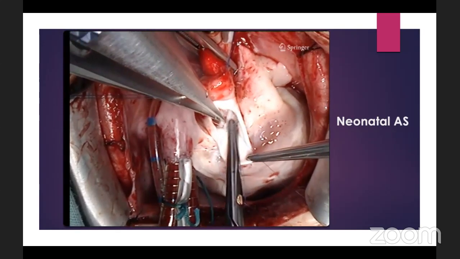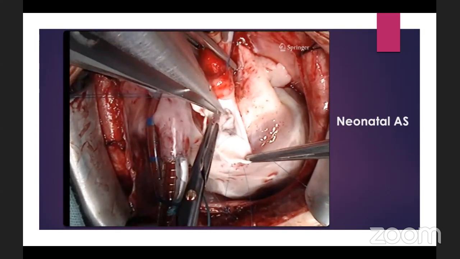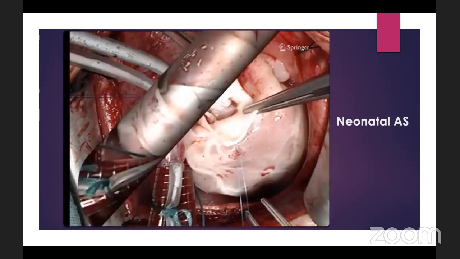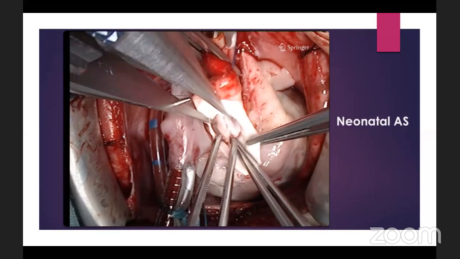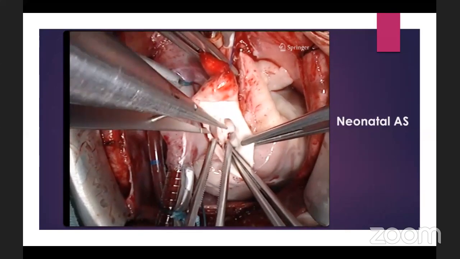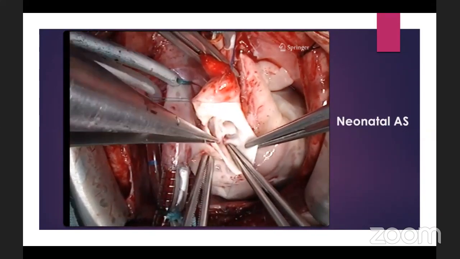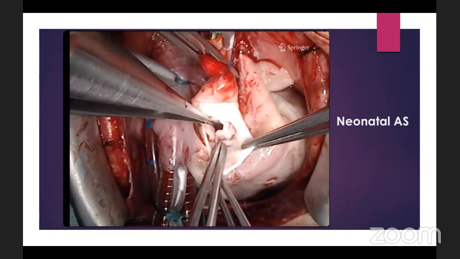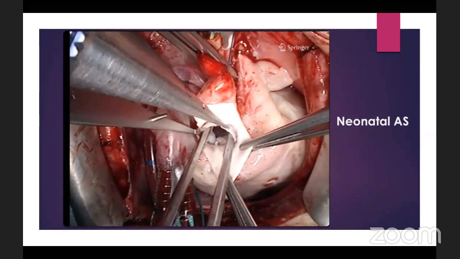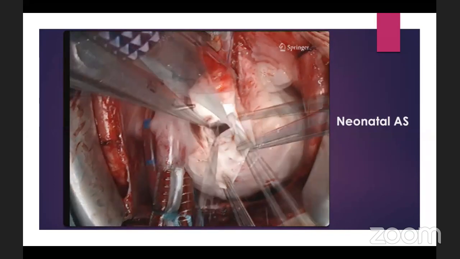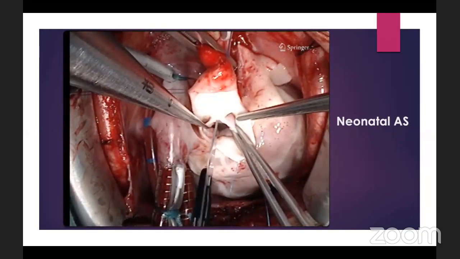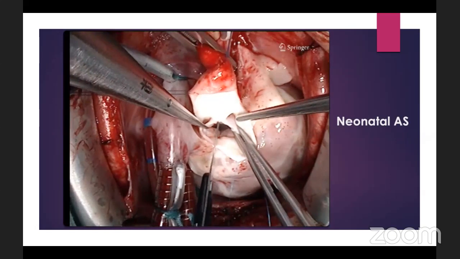So one has to be very careful not to injure adjacent structures. Again, not a normal looking valve, but if it can perform with reasonable function in the first few years of life, then it will do this patient a great deal.